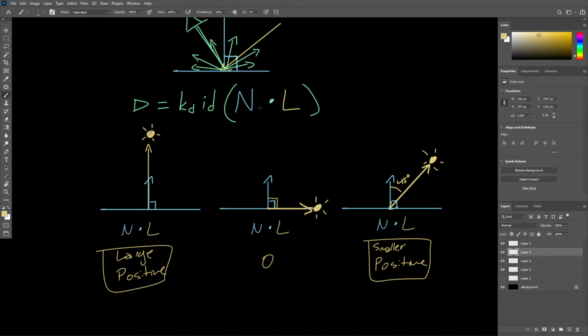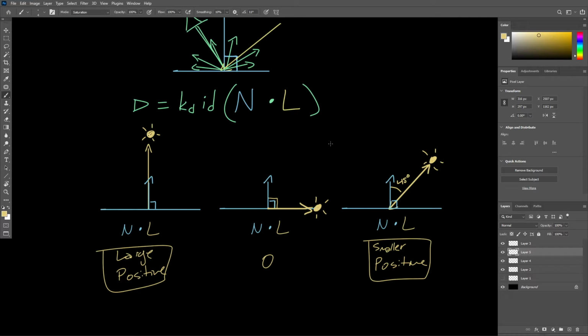Let's just see how this scalar product is being used in the diffuse lighting formula. Whatever the result of that dot product is, it is used to scale the diffuse lighting term. So if the light source is directly overhead, we're basically going to get 100% of our incoming light. If the light source is exactly perpendicular to the surface in question, we will get 0% of that incoming diffuse lighting.